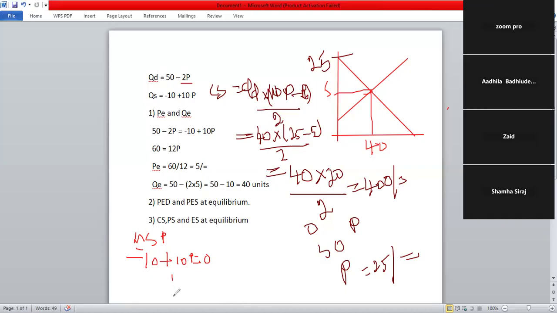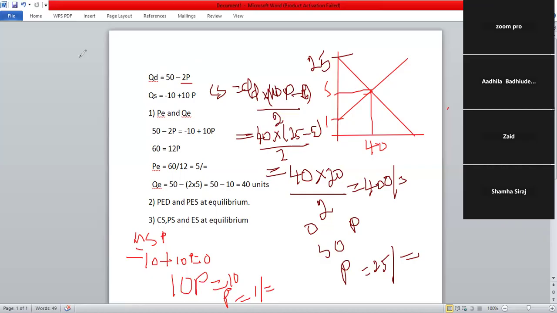Then 10P is equal to 10. Price equals 1. Okay. So minimum supply price is 1. Minimum supply price is 1.